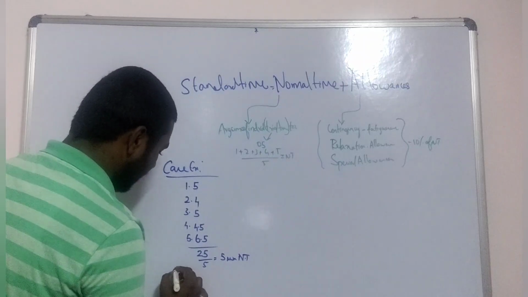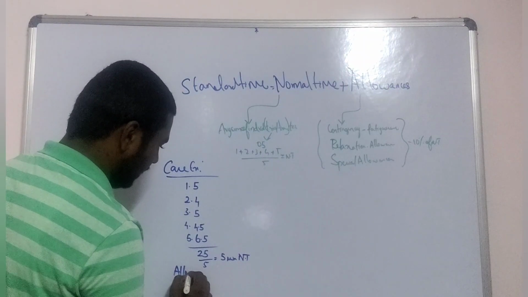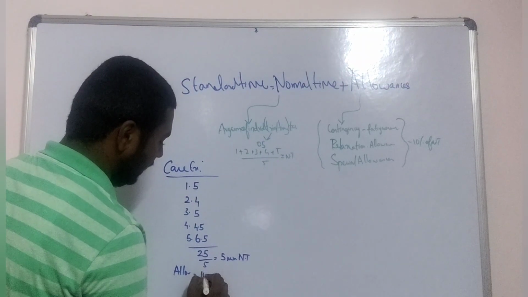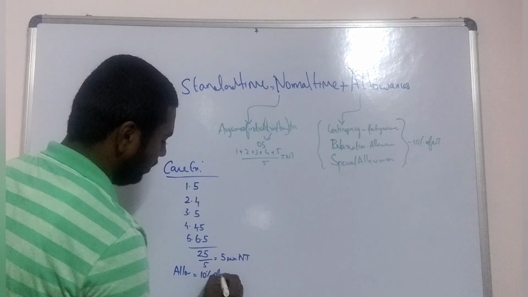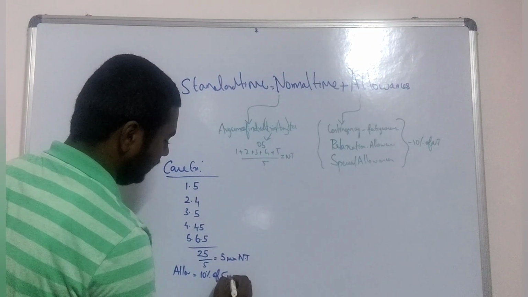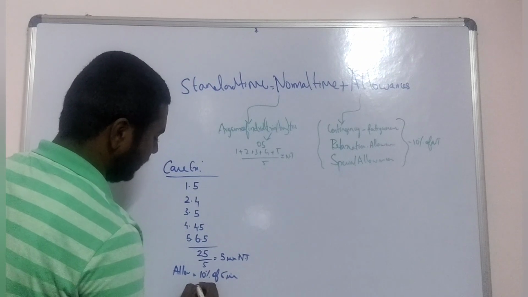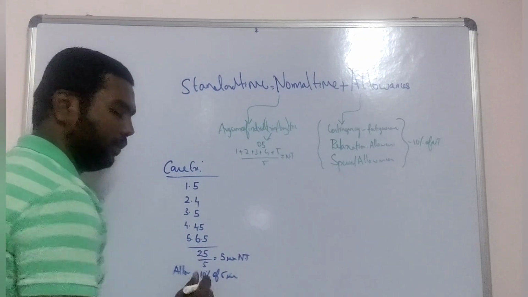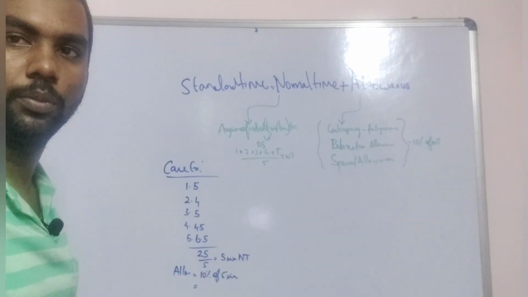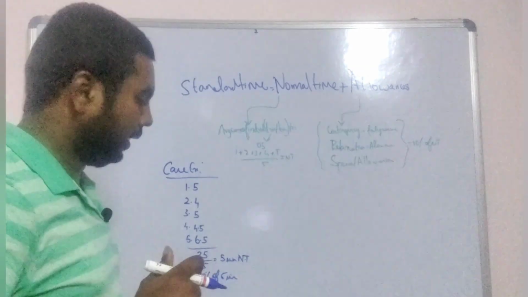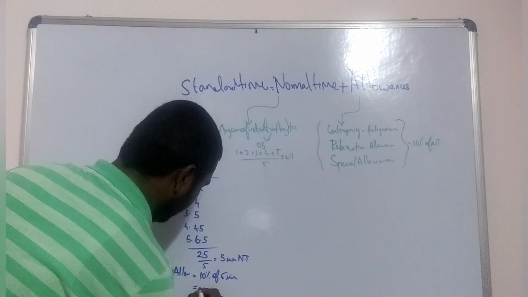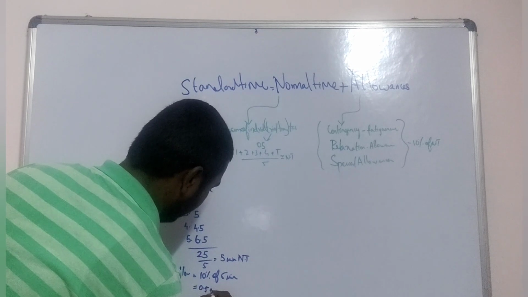Now calculating the allowance time. Allowance time is equal to 10 percent of 5 minutes, that is the normal time. So 10 percent of this normal time will give you 0.5 minutes.